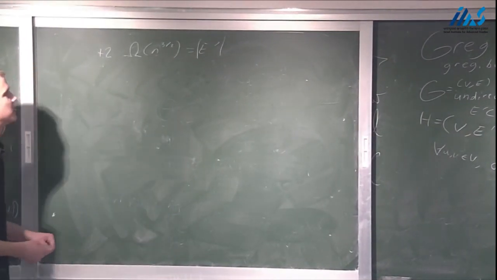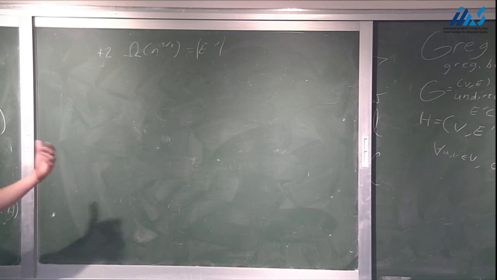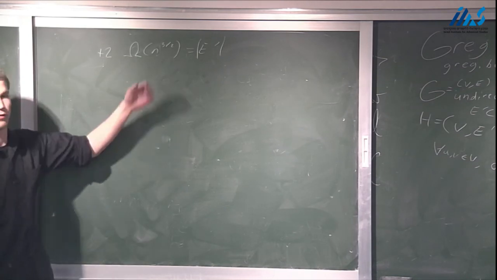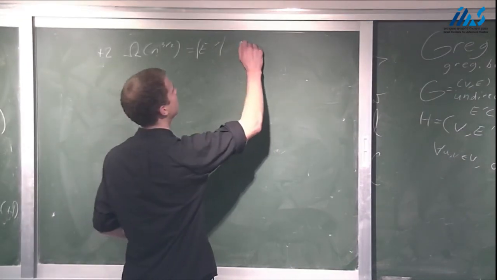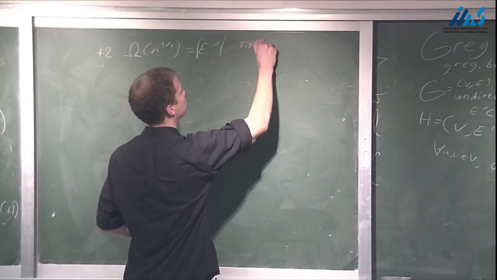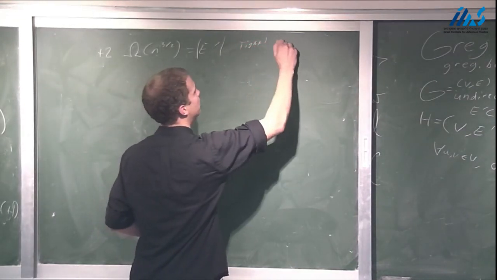So for any graph G, you can definitely make a plus 2 spanner of G which has this number of edges. And in fact, this is tight, that's known. This is from Ingworth.